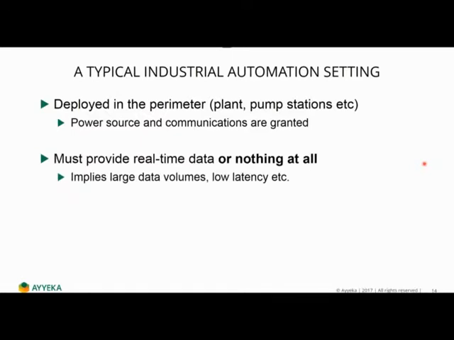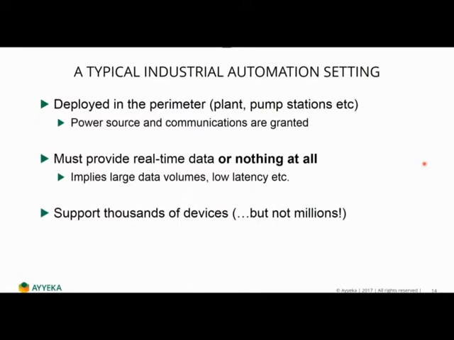In most cases, industrial automation systems are set up to provide real-time data or nothing at all, and it is reflected in the protocols and in the way that SCADA systems process data. Either you get the data in real time or it's meaningless, basically. It also implies large data volumes and low latency that is required, and so on.